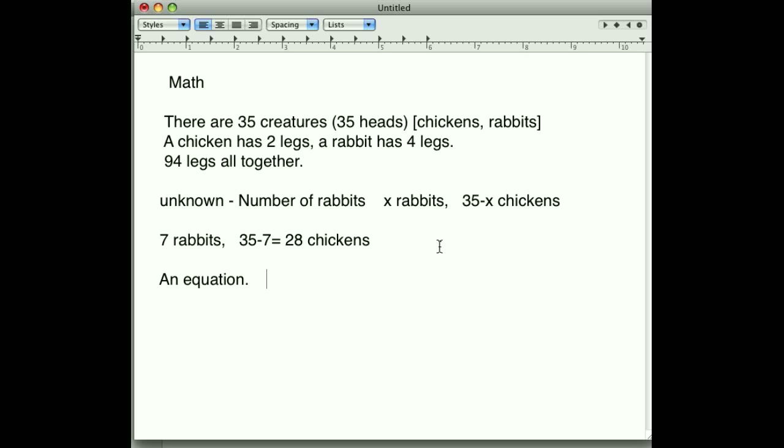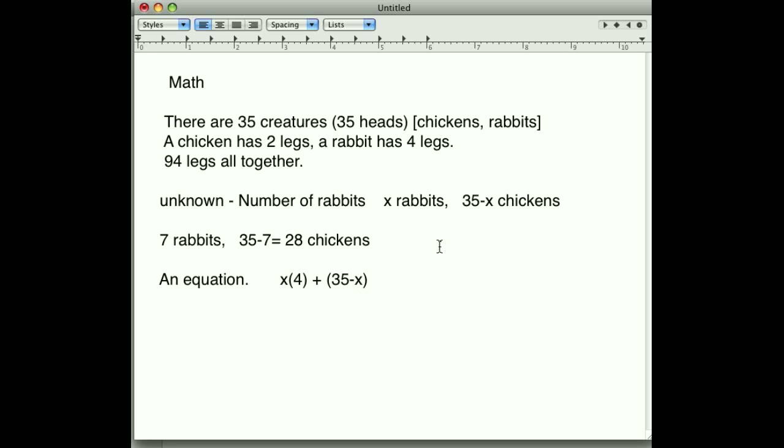So what can I do? If I say that there are X rabbits, I can say X times 4. X times 4 means the number of legs that we get as the result of having X rabbits, plus the number of legs that we get as a result of having 35 minus X chickens.